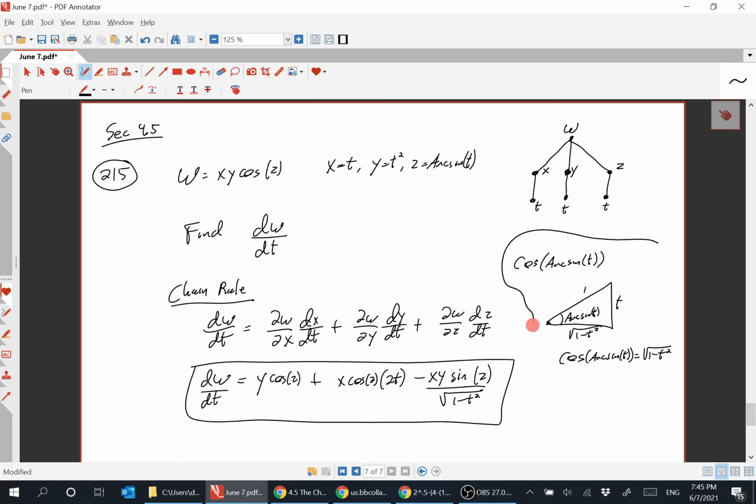If you've got a trig function composed with an inverse trig function on the inside of it, you can set up this right triangle, and then this cosine arc sine T turns into this algebraic expression, right? I mean, it's no longer this sort of weird composition. It's an algebraic expression. And then the sine of arc sine of T, that's just going to be T, right? And then X and Y are T.